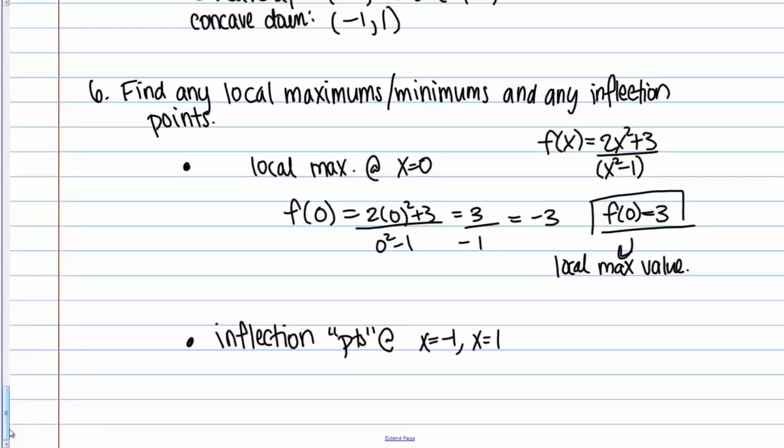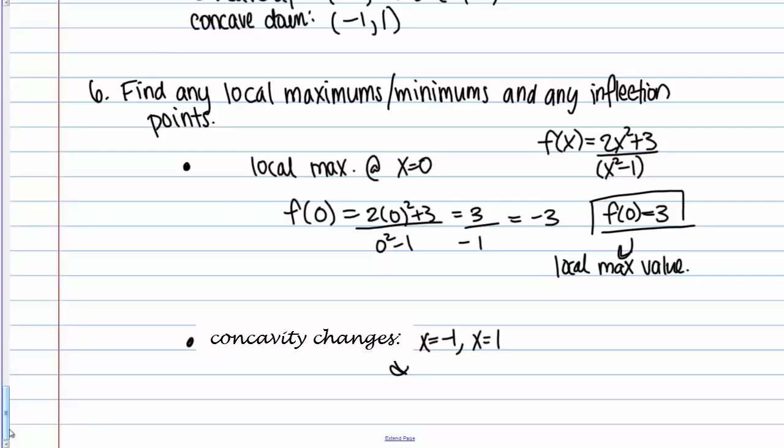The original function doesn't even exist at negative 1 and 1. So I can't really call them inflection points in the traditional sense of a point. But they are places where the concavity changes, so we might want to keep that in mind. I'm not going to call them official inflection points, but I'm going to write this down here so we remember that the concavity changes at these points.